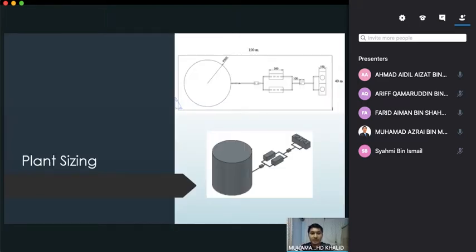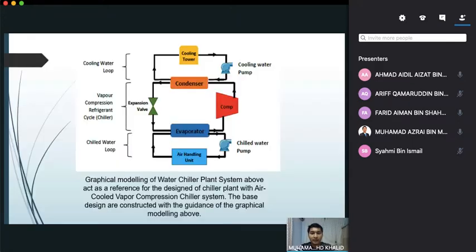This is the plant sizing, where we can see 100 meters times 40 meters. And then the plant design, this is the basic concept, the process flow of our chiller system. As you can see, there is a cooling tower, cooling water pumps, chill water pump, and also the air handling unit.